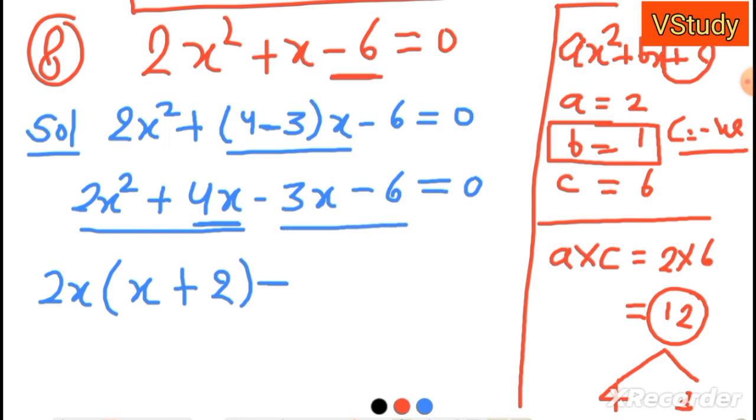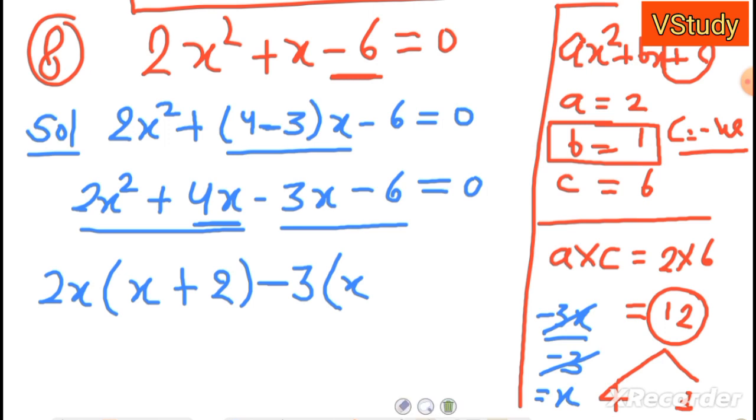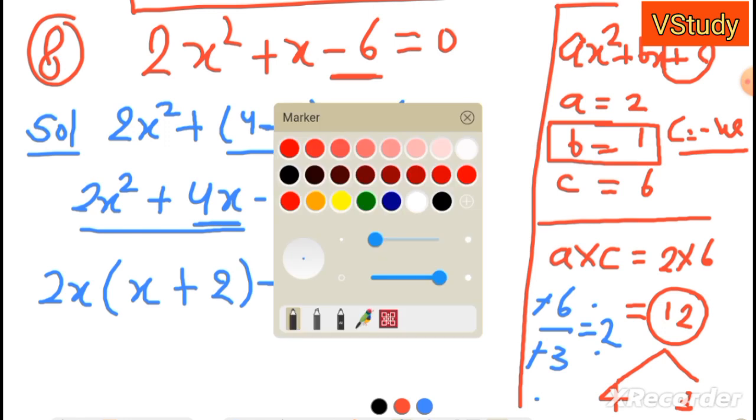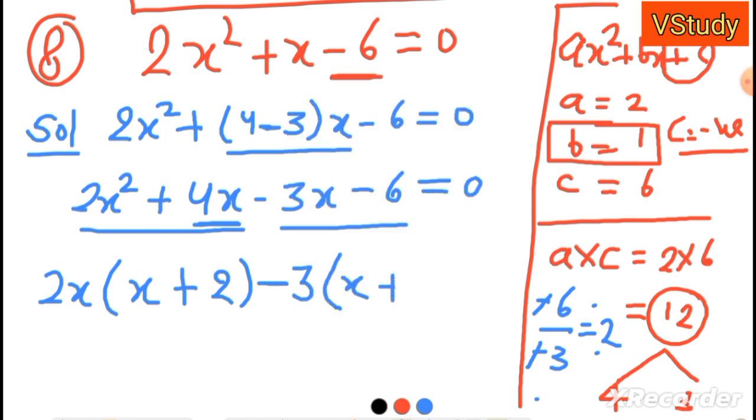We take minus as common and 3 also common. First we divide minus 3x by minus 3, so after dividing we get positive x. In the same fashion, if we divide minus 6 by minus 3, we get plus 2. So that is plus 2 equal to 0.